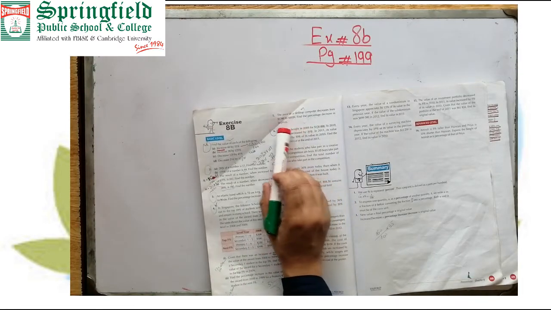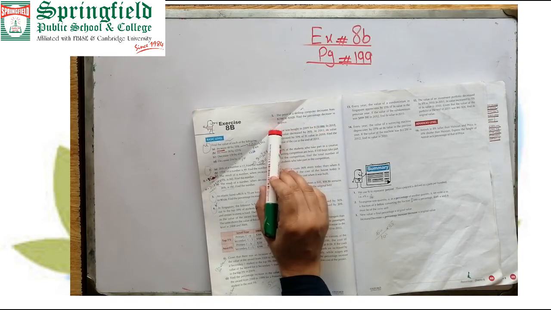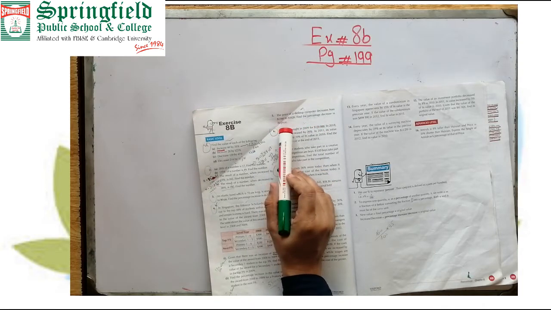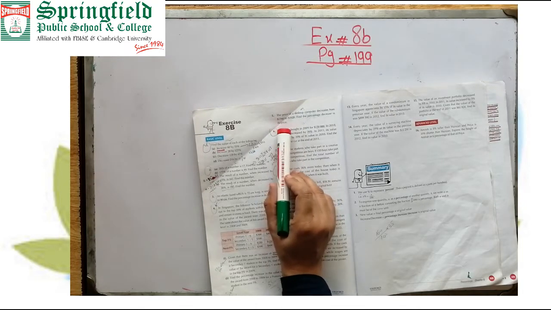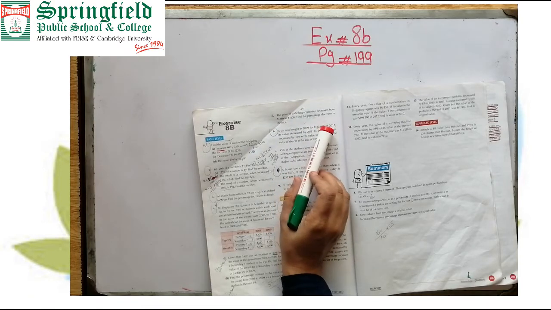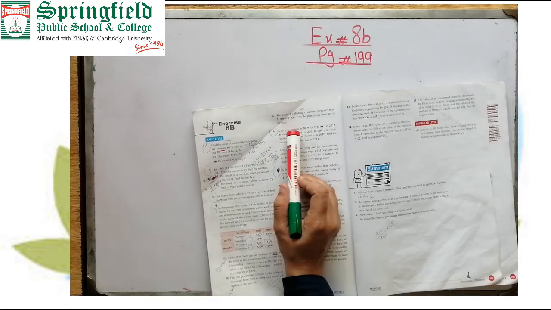Now come to question number 5. The price of the desktop computer decreased from $1,360 to $1,020. Find the percentage decrease in its price. They are asking about the percentage.